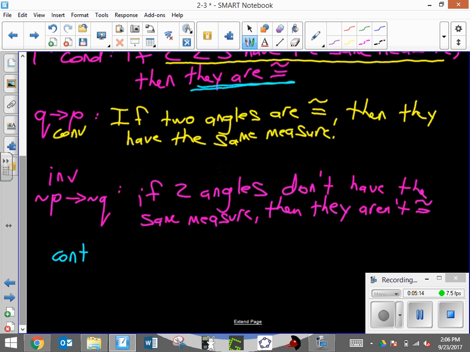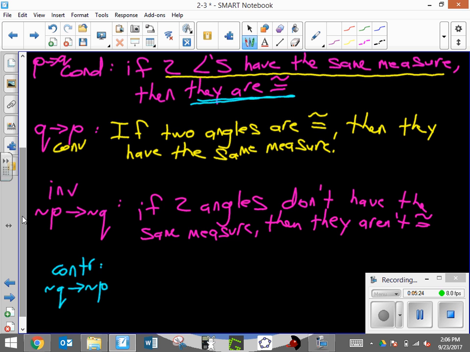Then we have one more, that's our contrapositive. Our contrapositive, that is in the form if not Q, then not P. We're going right back up to the conditional again.